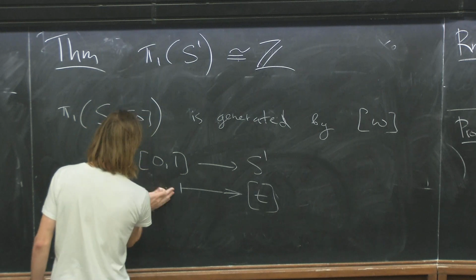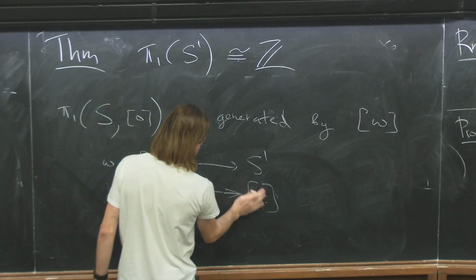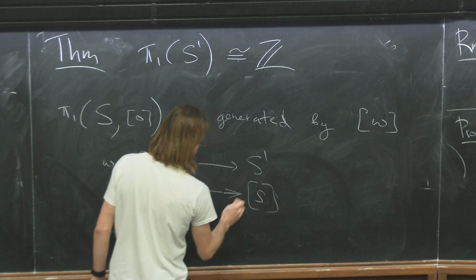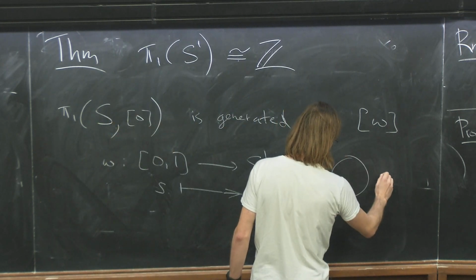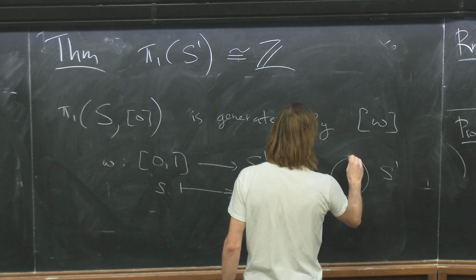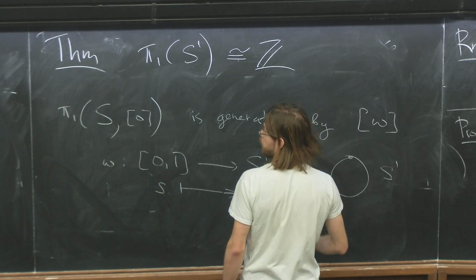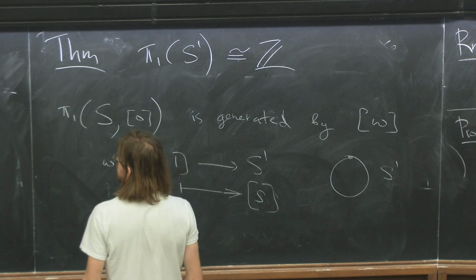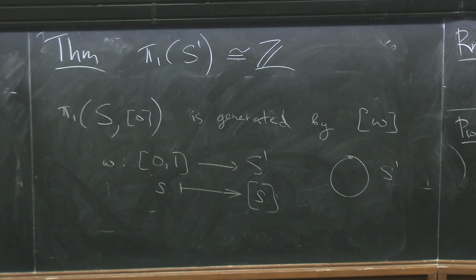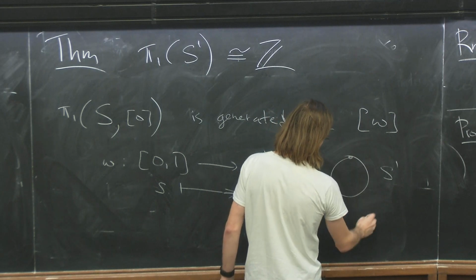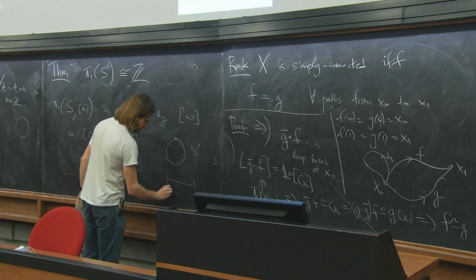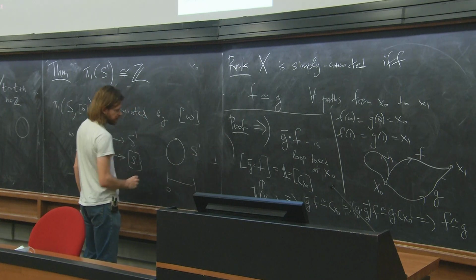Yeah, t may not be a good notation. Let me use s. The circle is essentially the interval 0, 1 with 1 glued to 0.